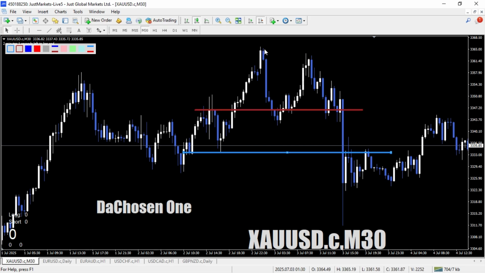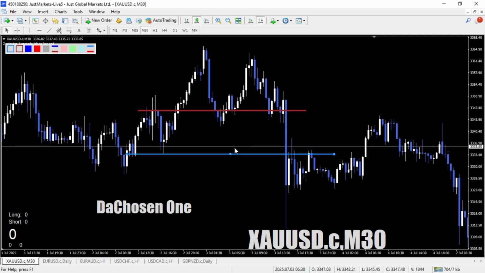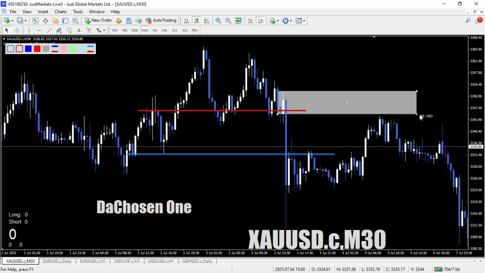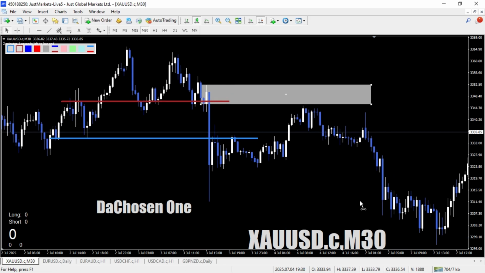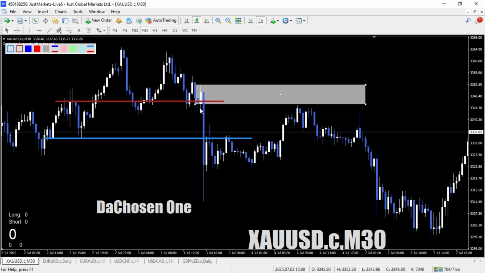There's a high, there's a high. There's a break of structure. We have a bearish engulf type 3 with a lot of liquidity. However, it failed to trigger or fill our orders over here just by a few pips.